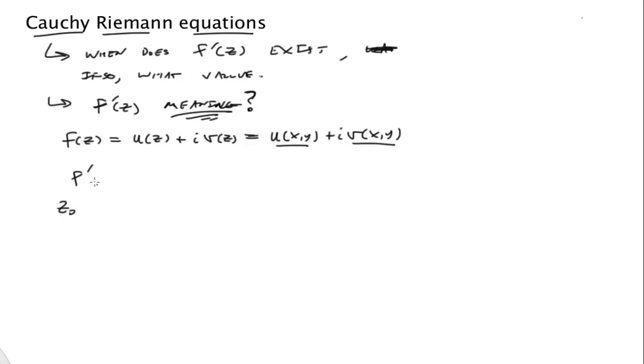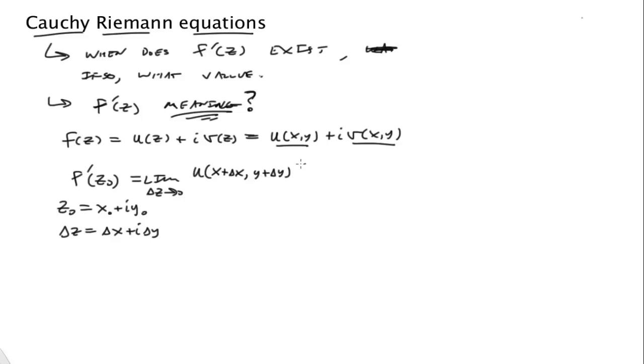So let's say we want to find the value at z naught, where z naught is x0 plus i y0. We know that's this limit as delta z goes to 0, where delta z is delta x plus i delta y. So we put that all in: u at x plus delta x, y plus delta y, minus u at x comma y.